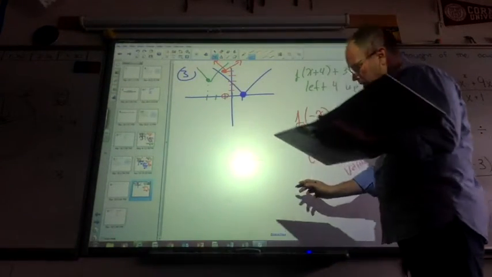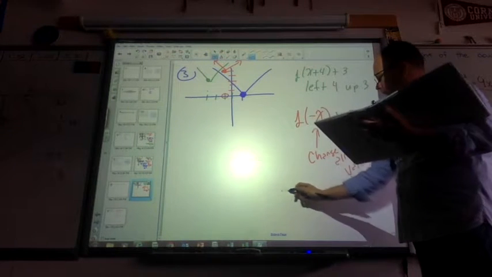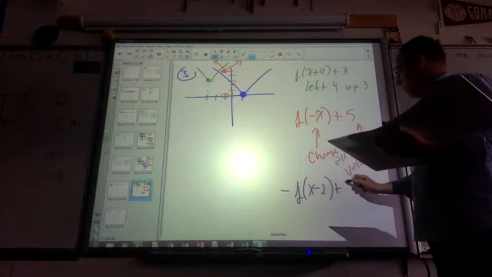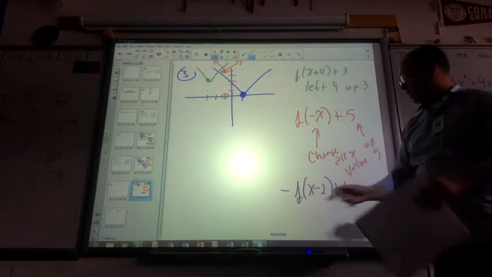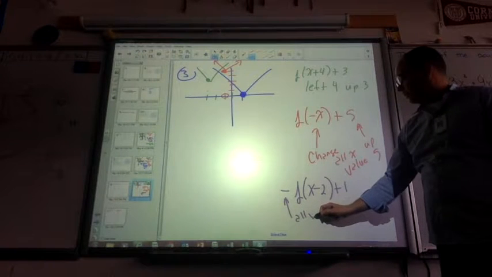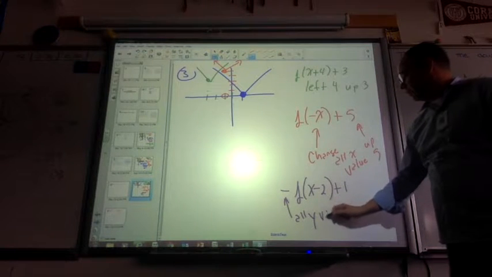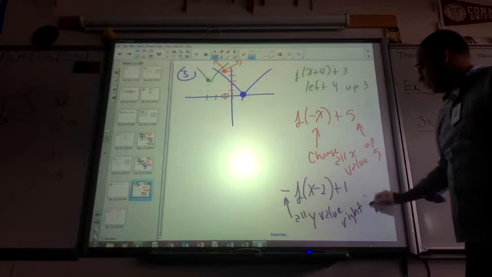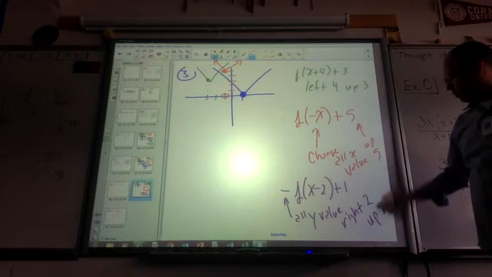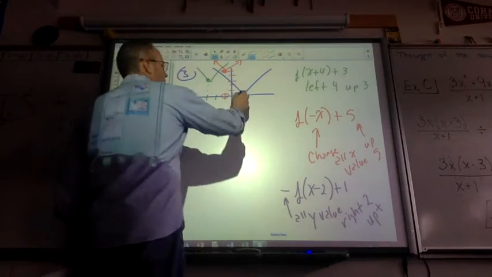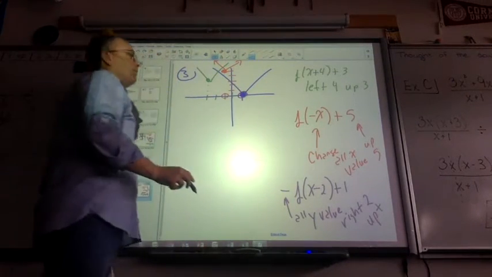And last one, we have negative f at x minus 2 plus 1. This changes all y values. Now it goes right, down, up, and then right 2 and up 1. So let's change our y value. Does the y value here change at all?